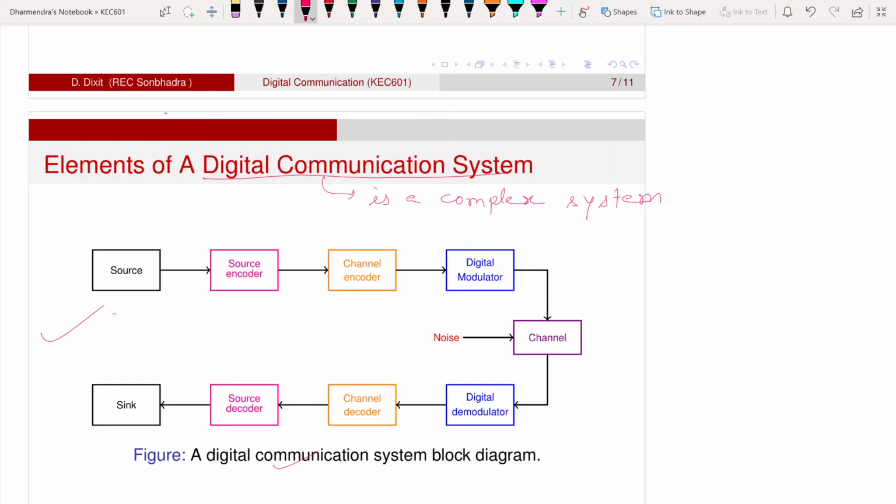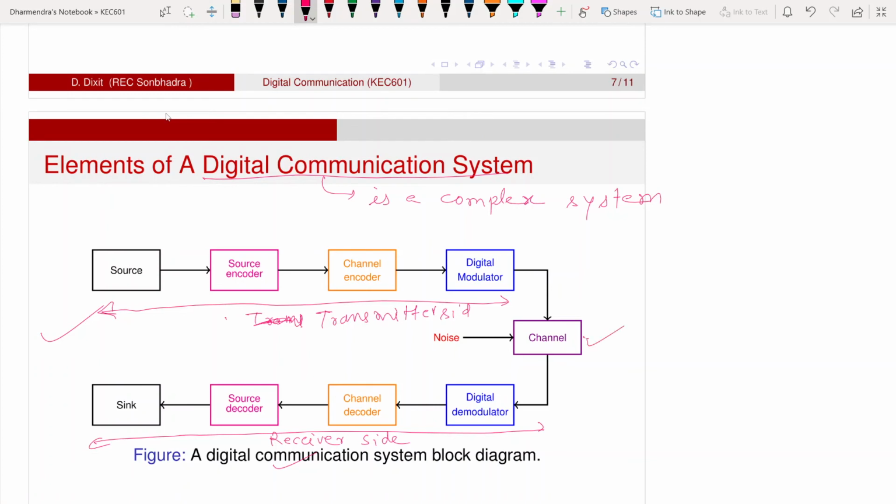These blocks are related to the transmitter side, and these blocks are related to the receiver side. In this course, we have to study each block, and there is a channel.